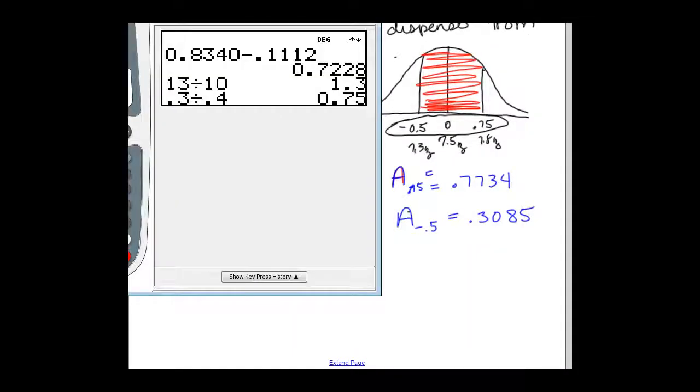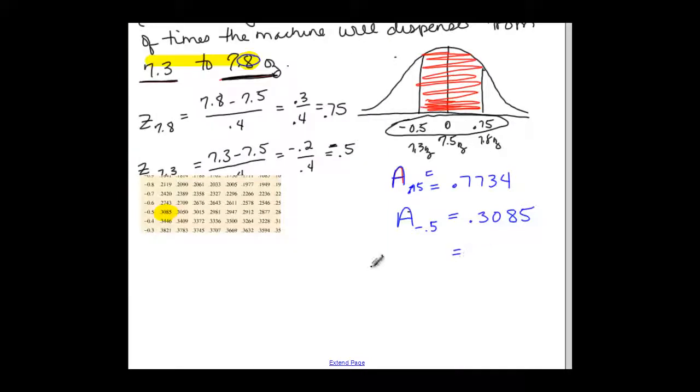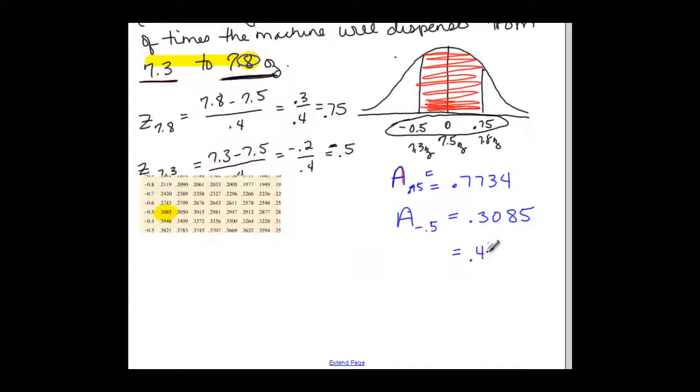So let's look in the calculator. 0.7734 minus 0.3085 would give me 0.4649. So the area between those two z-scores is 0.4649.